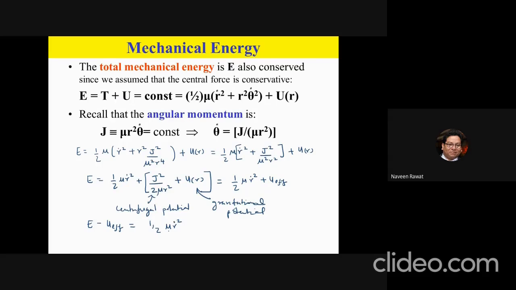Notice on the right hand side you have mass and you have this r dot, and that is the square term. So this entire term is essentially positive. Either it can be 0 or it can be positive. So essentially this is greater than or equal to 0 always. This is a very important construct: your energy will always be greater than or equal to the effective potential. That is what comes out of this equation, so I just want you guys to be aware of that.